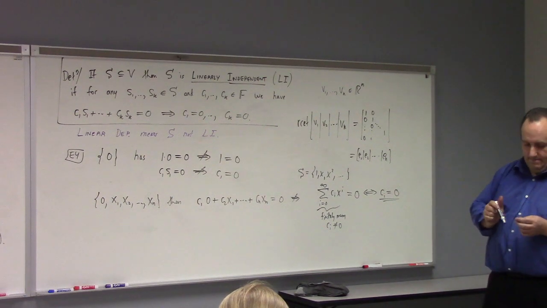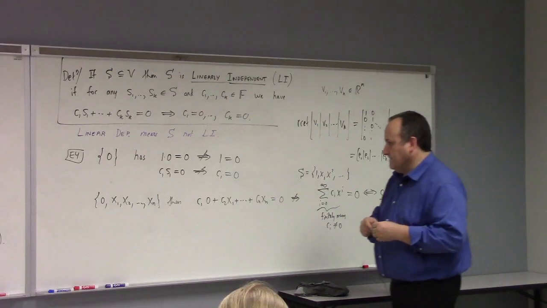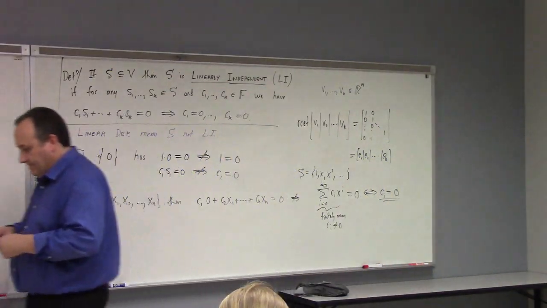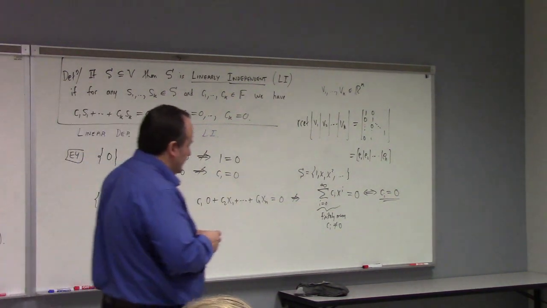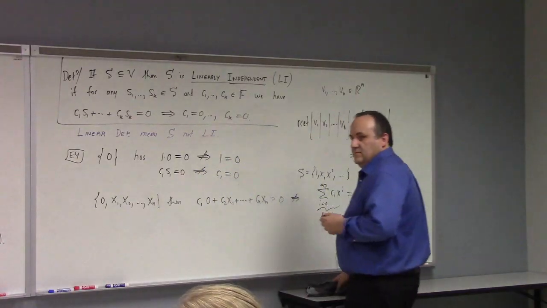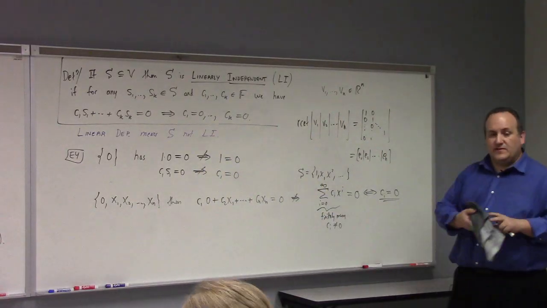This definition is helpful because it's more general than just vectors. So are we going to see anything other than vectors realistically on exams? Oh, yes, absolutely. Matrices, functions, just things about abstract vector spaces, for example.